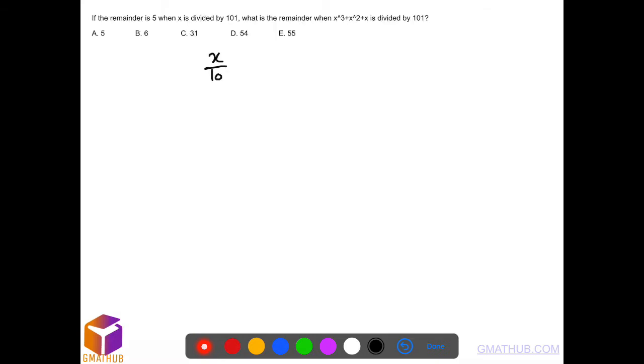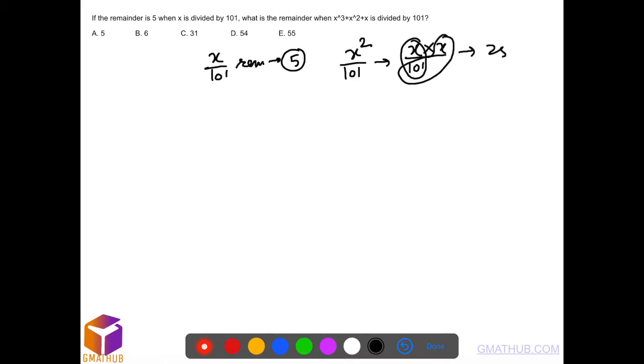X divided by 101, remainder is 5. Now x square divided by 101, remainder will be, we can multiply the individual remainders. That will be 25, 5 into 5. X cube divided by 101, 5 into 5 into 5, that is 125.